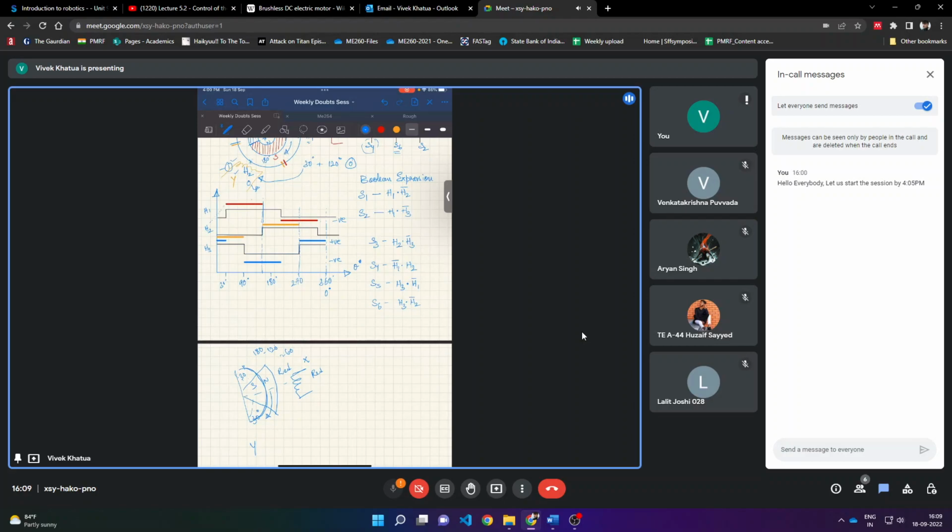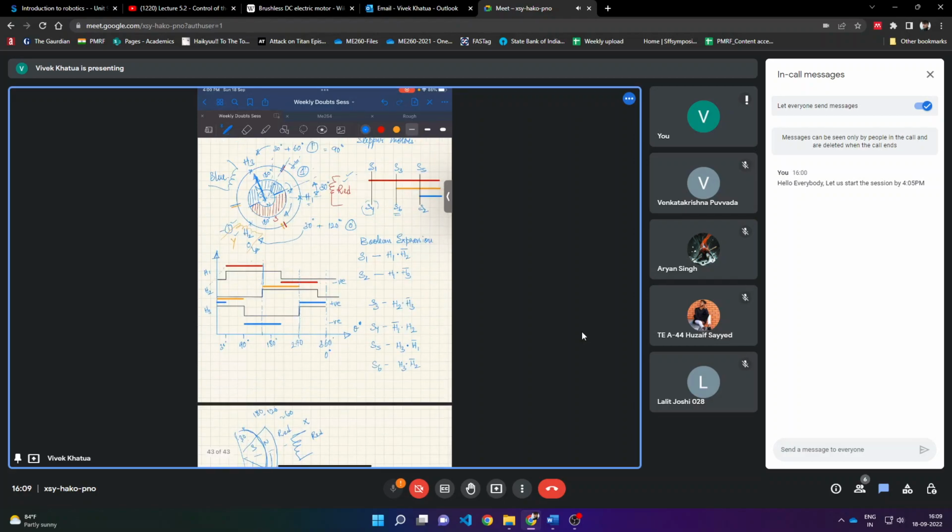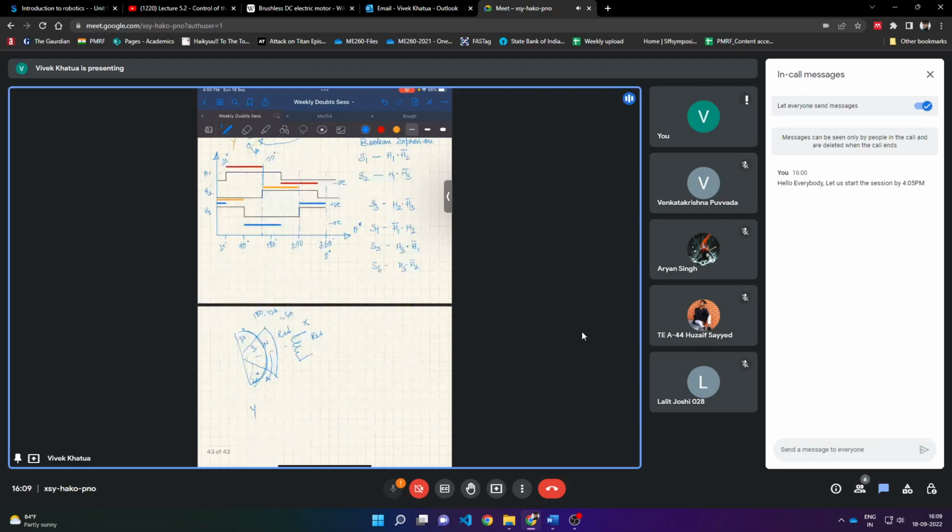Here you can see how the waveforms are. The first one is that my red coil should be active from 30 degrees to 150 degrees of the rotor position. Here I can see that Hall sensor 1 will still be active, because this 30-degree region will be crossing H1 at some point of time, and that 30 degrees is here, right, this region.